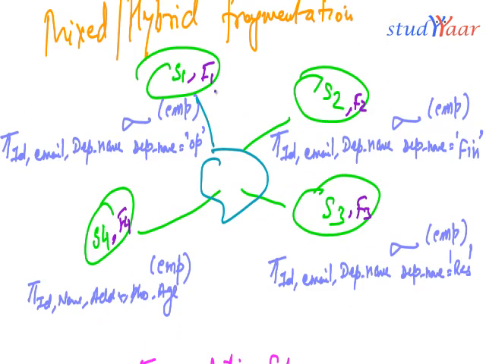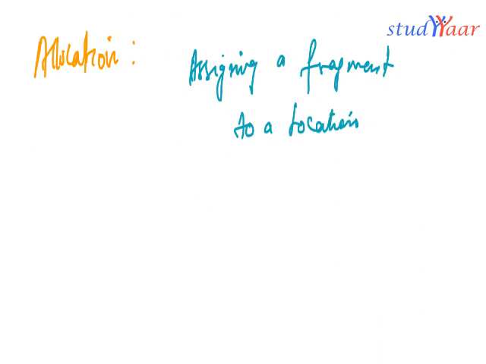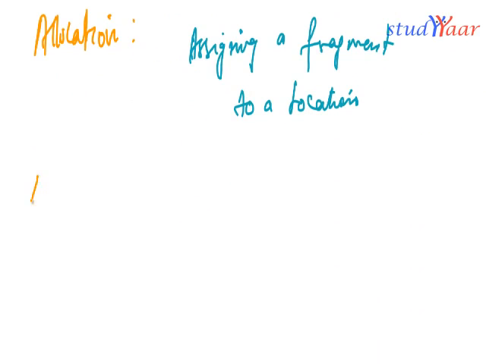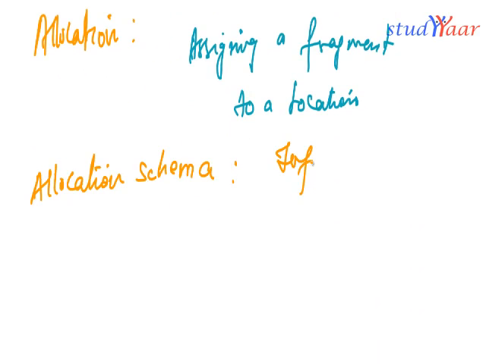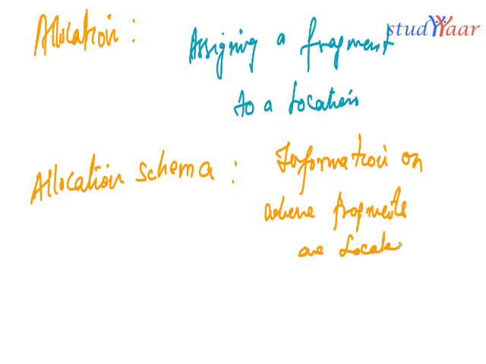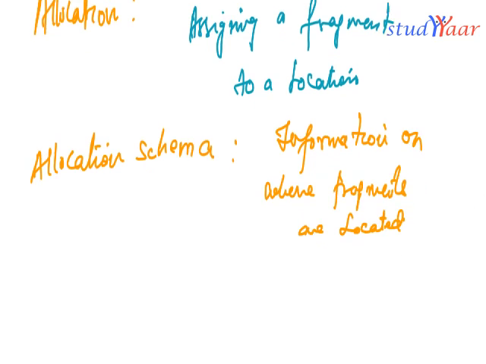Then I say F1 is allocated to S1. Similarly, F2 is allocated to S2 and so on. And what is an allocation schema? The allocation schema determines where a particular fragment resides. It has information on where fragments are located. So that was about my allocation schema.